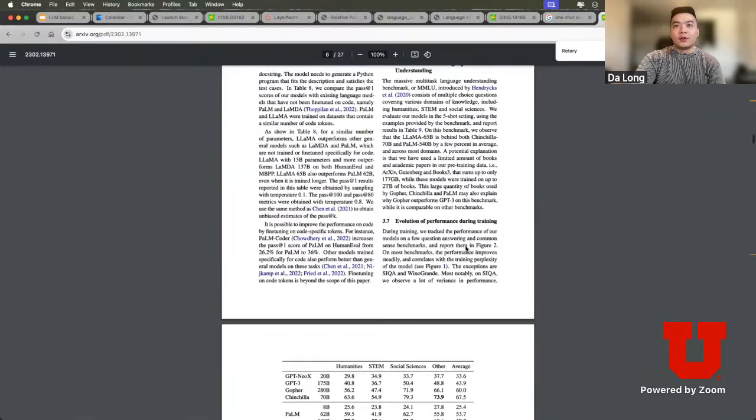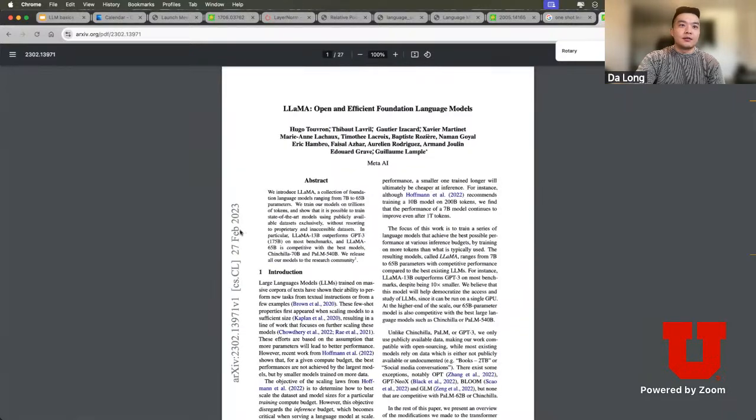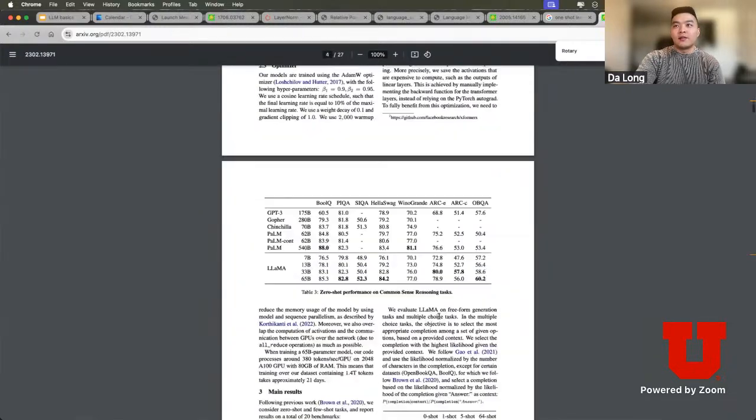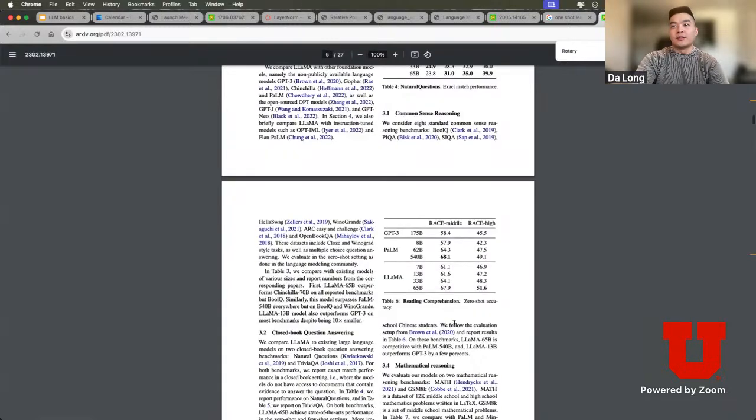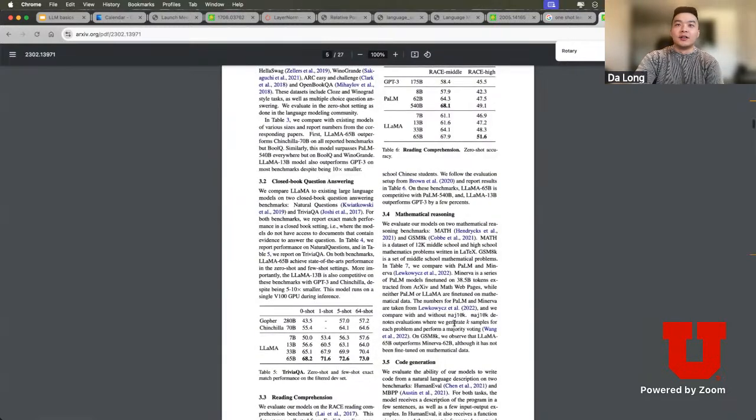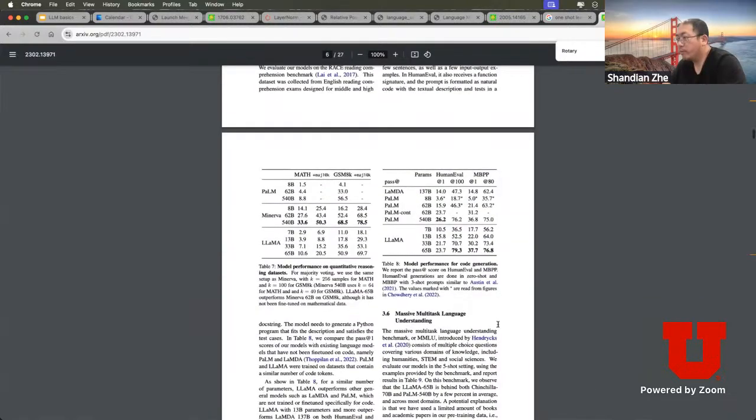I think when the paper was published in 2023, the research community had already done a lot of dataset work, so they just utilize those datasets.